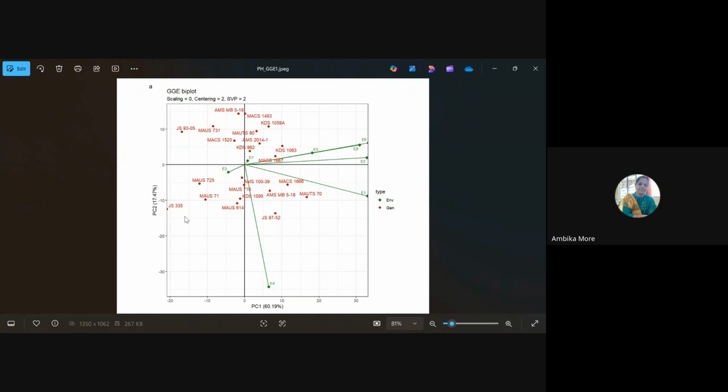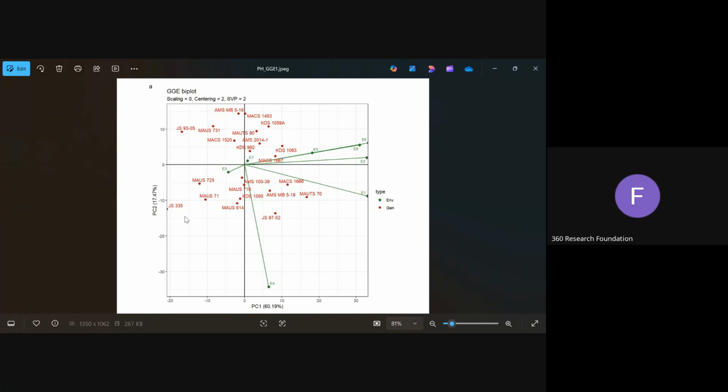Sir, you said that E4 has the longest vector, so genotypes from that environment are more diverse. Yes, sir. It shows more variability, but showing more variability means they are not stable, no, sir.